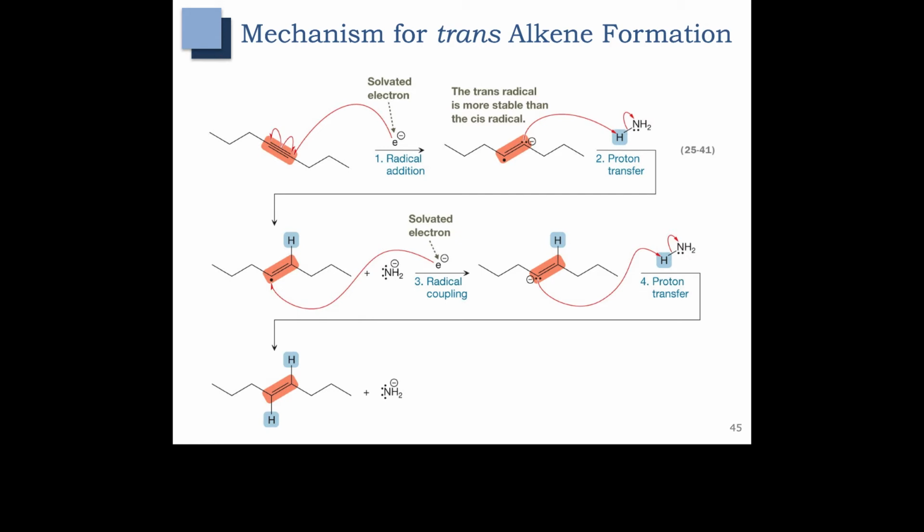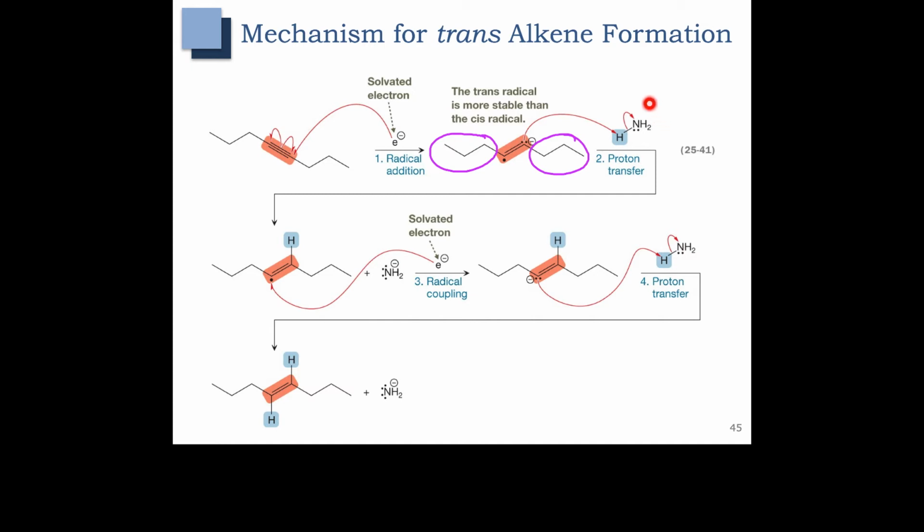This is our radical addition to an alkyne, where the solvated electron adds to the alkyne. Two electrons go to the right to form the anion, and one electron goes to the left to form the radical. The radical anion then has freedom of rotation to rotate the two largest groups to be farthest apart.